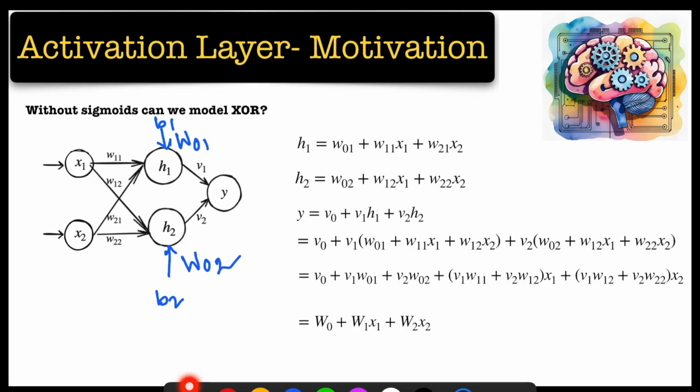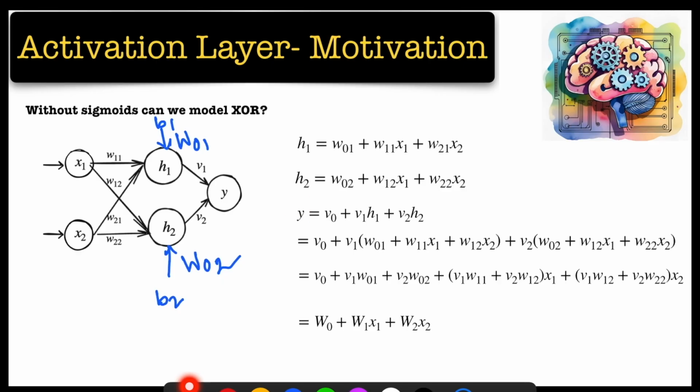So H1 can be represented as W01 plus W11x1 plus W21x2. H2 can be represented as W02 plus W12x1 plus W22x2.